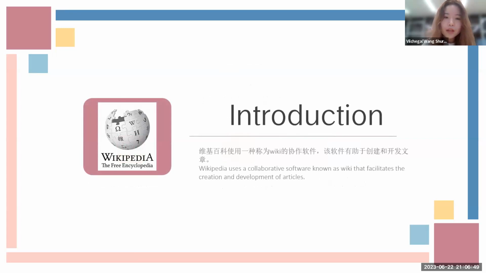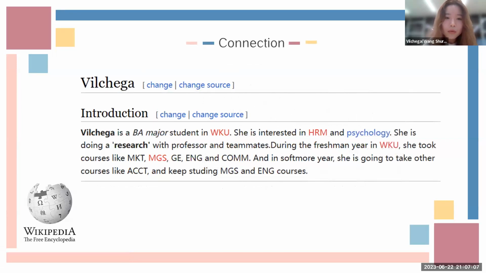Firstly, what is Wikipedia? It uses collaborative software known as Wiki that facilitates the creation and development of articles. Compared with other similar tools, the advantage of Wiki is that it has connections. You will see on this page there are some red words like WKU, HRM.